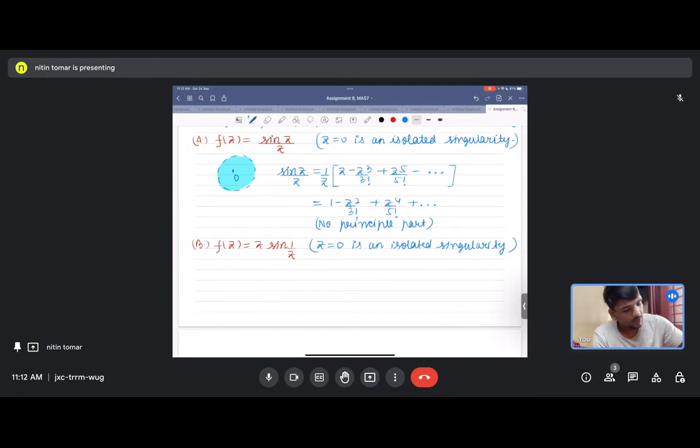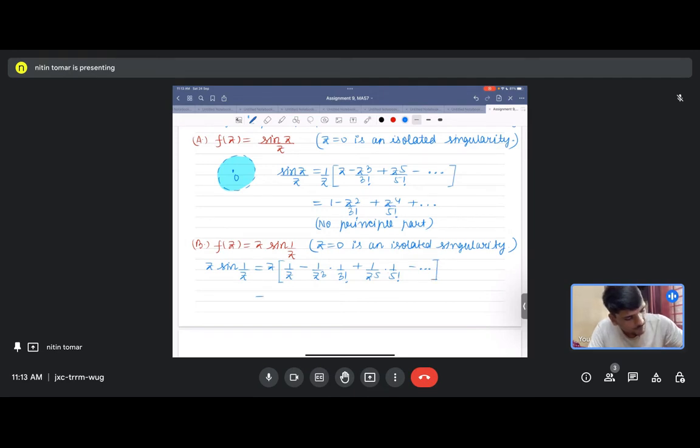Now, you try to write down the series z sine 1 by z. It will be z times 1 by z minus 1 by z cube by 3 factorial. You just replace z by 1 by z, then plus 1 by 5 factorial times 1 by z to the 5, and so on, so forth.